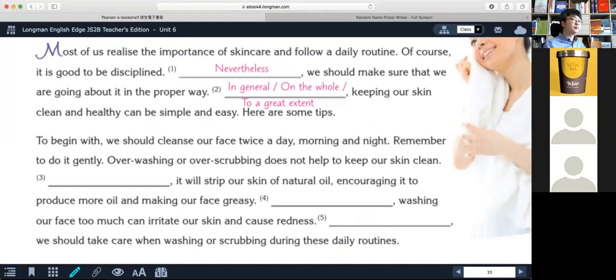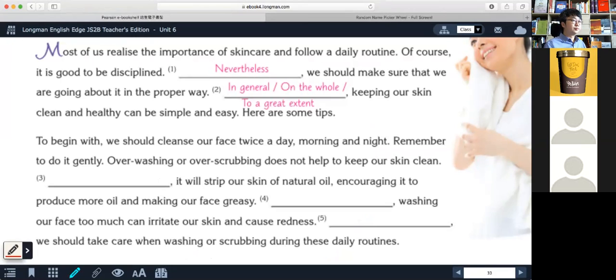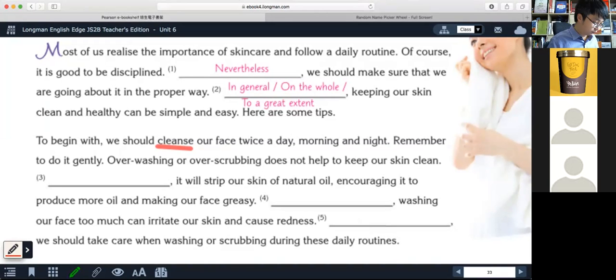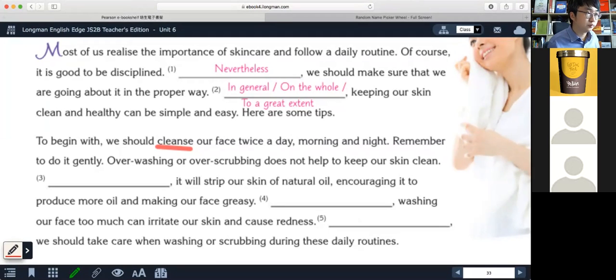Remember to do it gently. Overwashing or overscrubbing does not help to keep our skin clean. On the contrary, it will strip our skin of natural oil, encouraging it to produce more oil and making our face greasy.